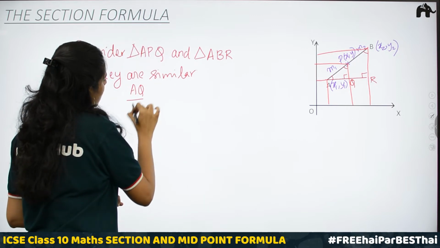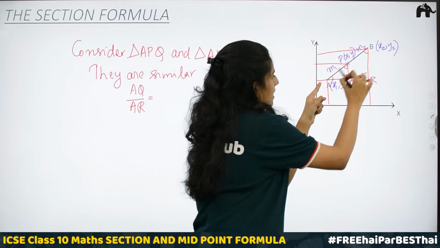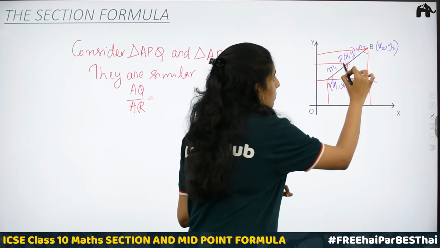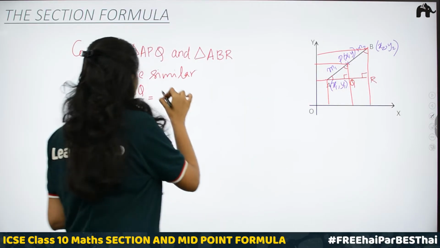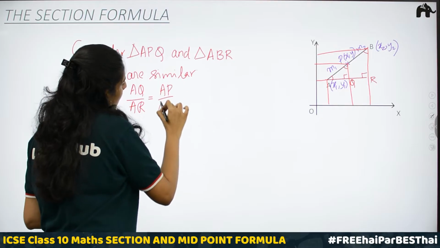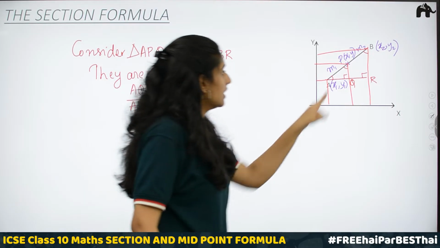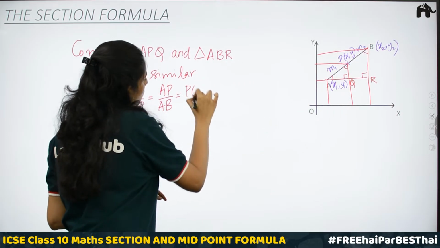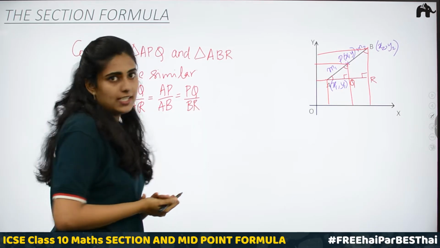AQ by AR will be equal to the side opposite to the right angles, AP by AB, and the third, PQ by BR. These ratios are equal, as they are the corresponding sides.